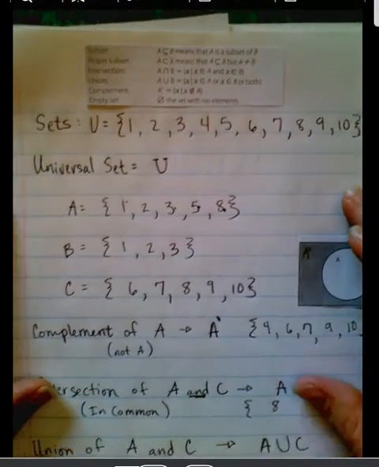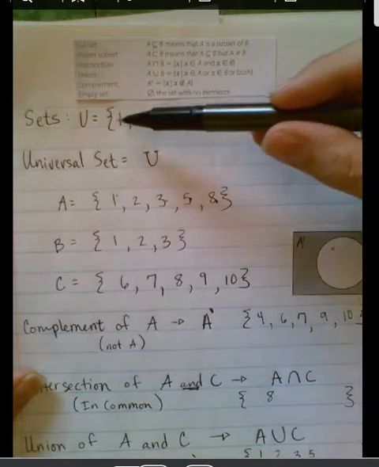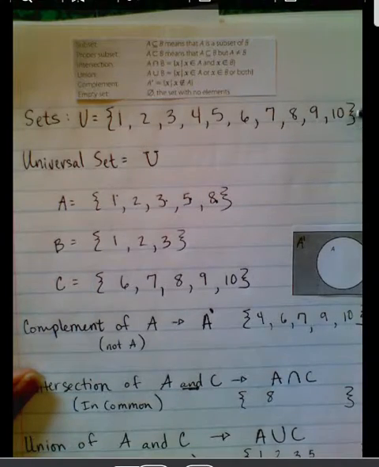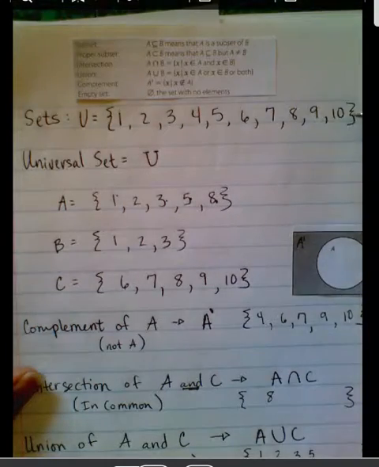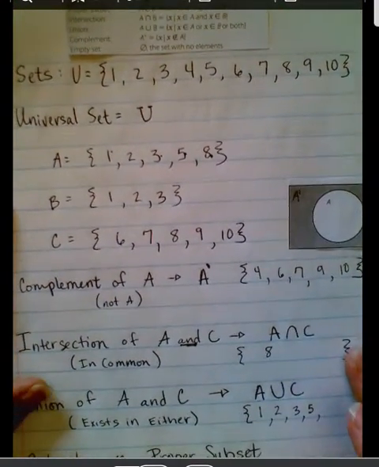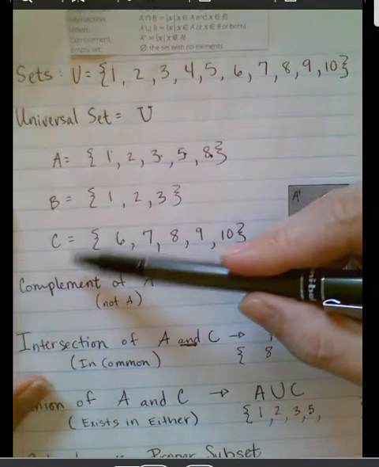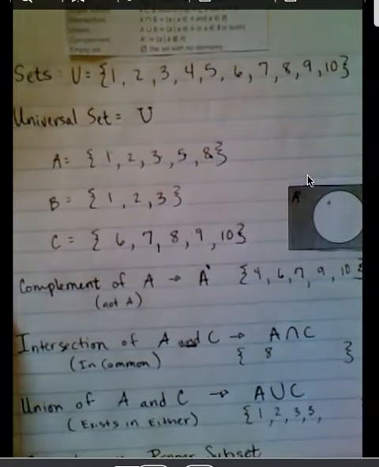Okay. So we're going to look at the set between 1 and 10. We're going to call that our universal set: everything in between 1 and 10, just the integers. And then we're going to say that A, B, and C are subsets of the numbers 1 to 10.